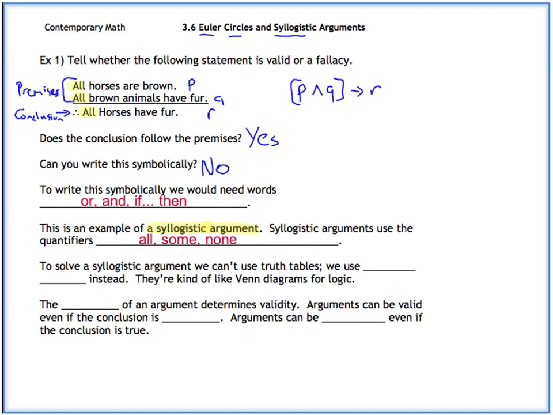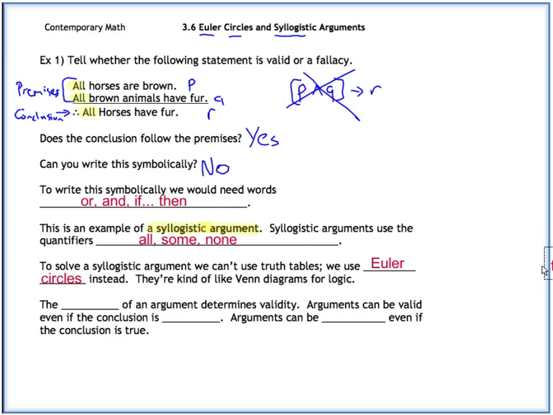Okay, so that's not going to work. Instead, we're going to use something called Euler circles. So Leonhard Euler was a huge guy in terms of logic, and he used these circles and coined their name. And they're kind of like Venn diagrams for logic.